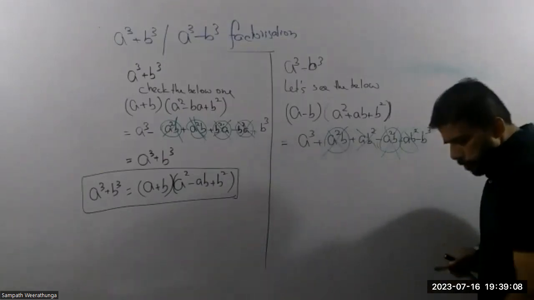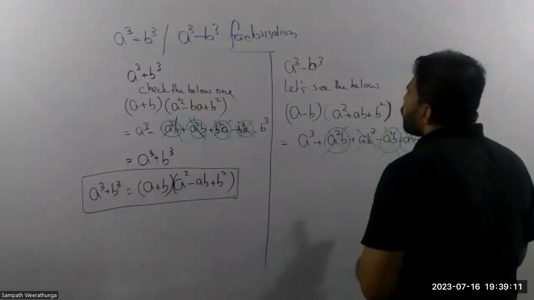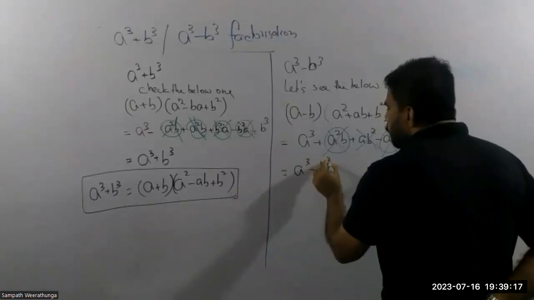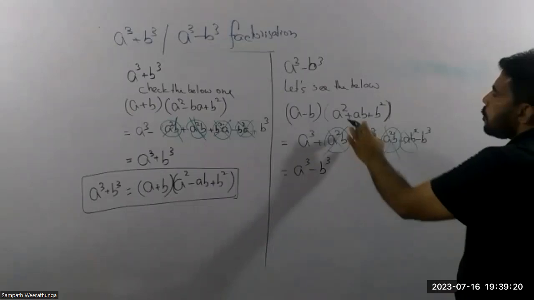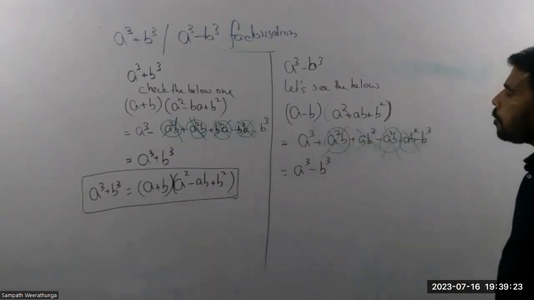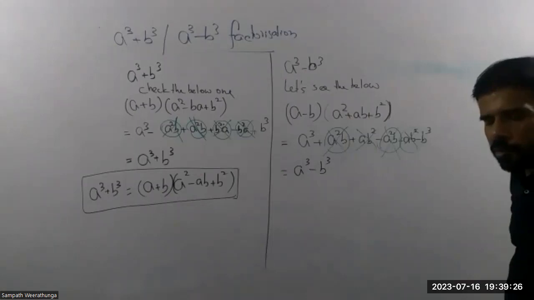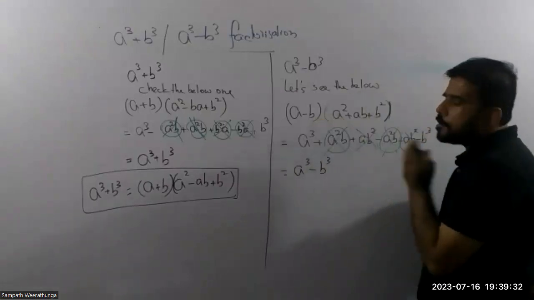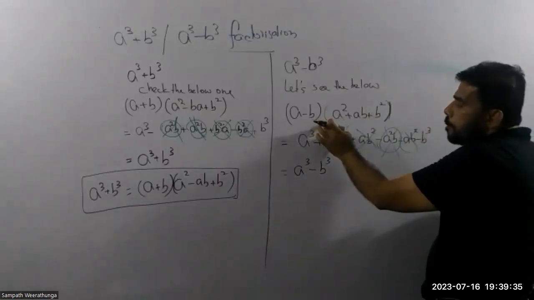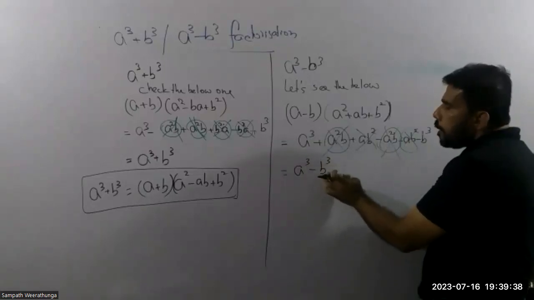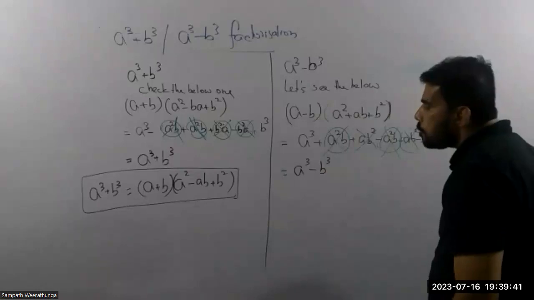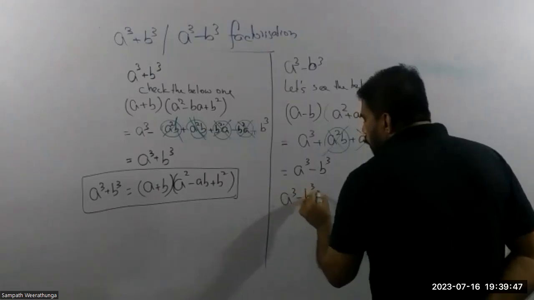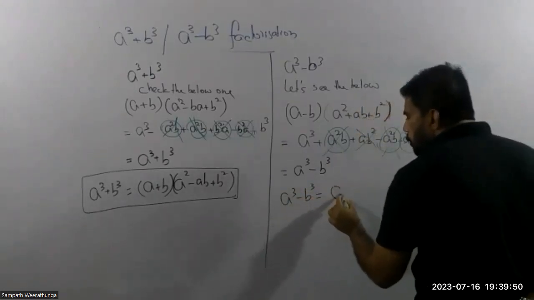So finally, I'm getting A cube minus B cube as the expansion of this. Now, inversely, I can say this equals this, since I ended up with this manipulation. So my final finding gives me this relationship.